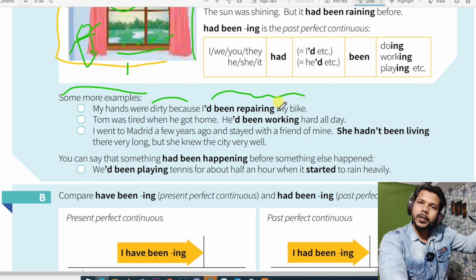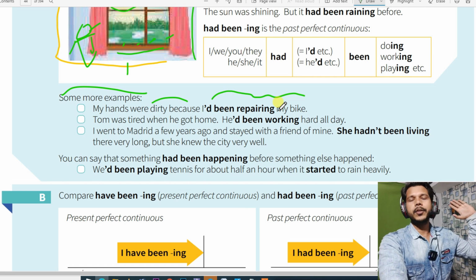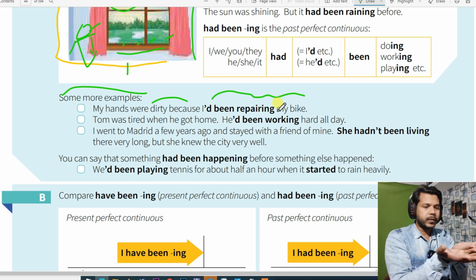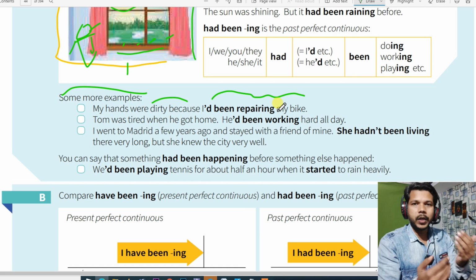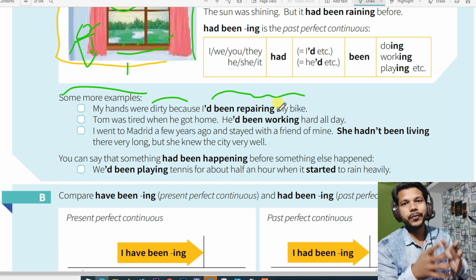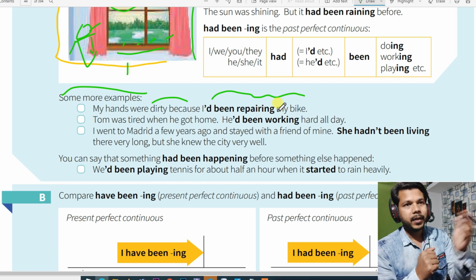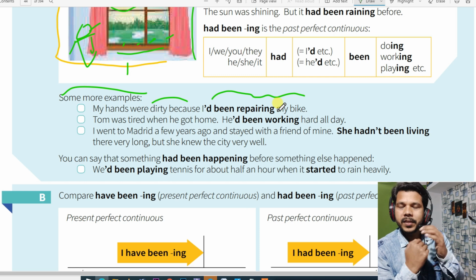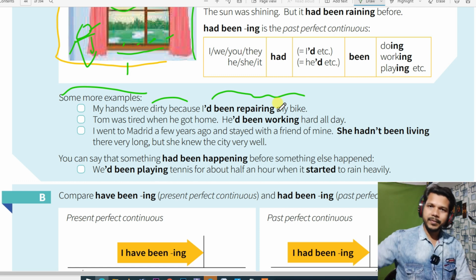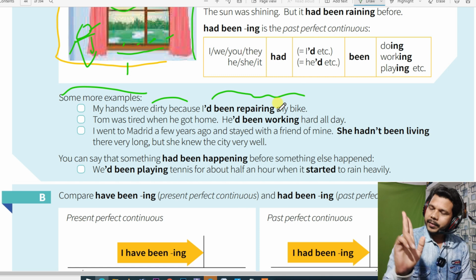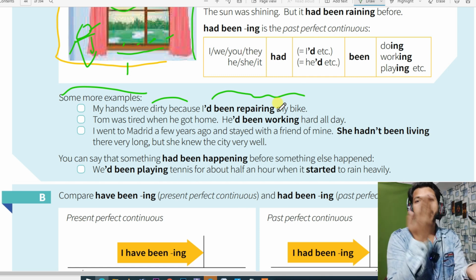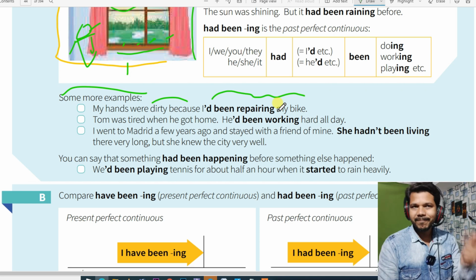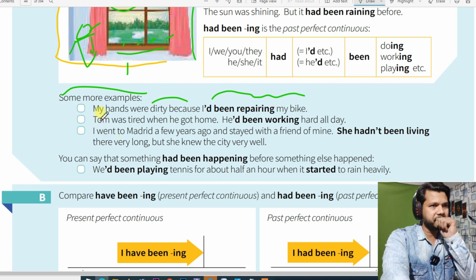He must have continued it for some time, then stopped it. And after that, as a result, his hands were dirty. So when someone came to meet him, he saw the dirty hands. Had been means I started, continued, then ended, and when you came, you saw my hands dirty. This is what had been is.